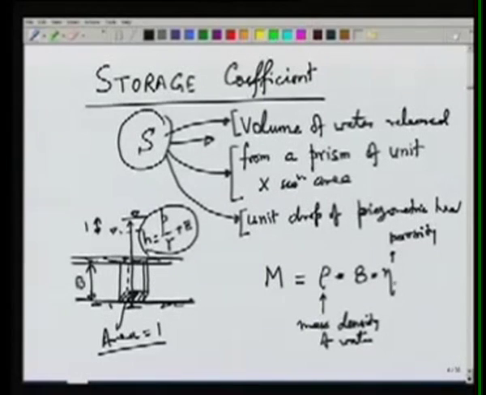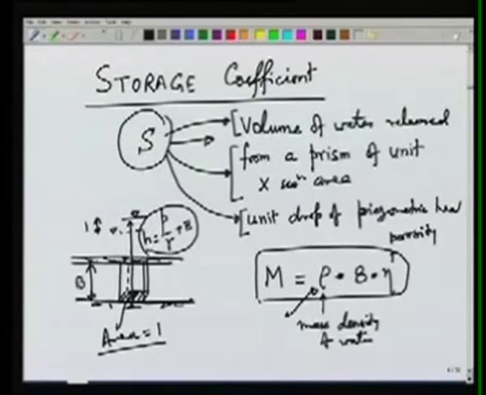where eta is the porosity, and therefore if this mass is changing, it will change because of change in all these parameters. Suppose we have some change here delta B, some change here delta rho.